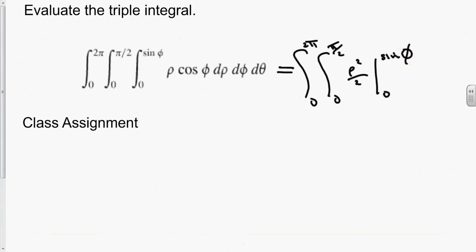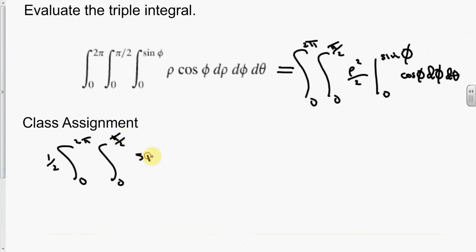And then here we have cosine phi, and then d phi, d theta. We can put that 1/2 out in the front, integral from 0 to 2 pi, the integral from 0 to pi over 2. So this is sine squared phi times cosine phi, d phi, d theta. Why don't you finish that?